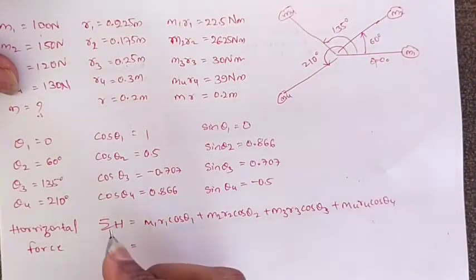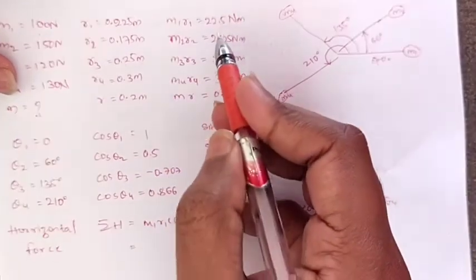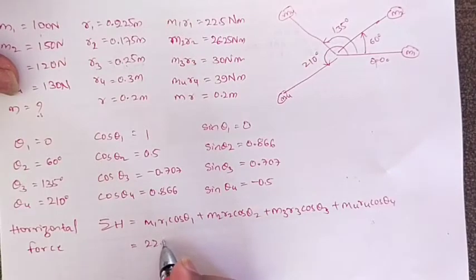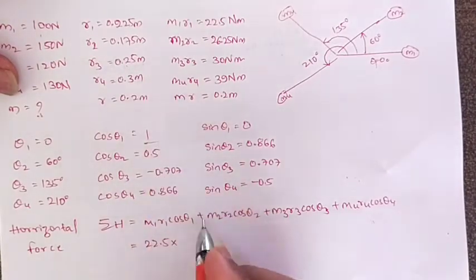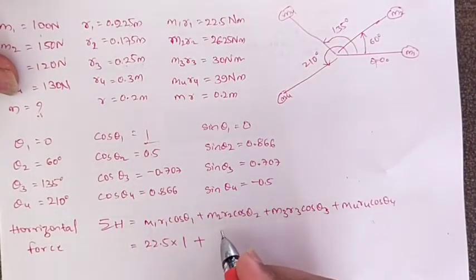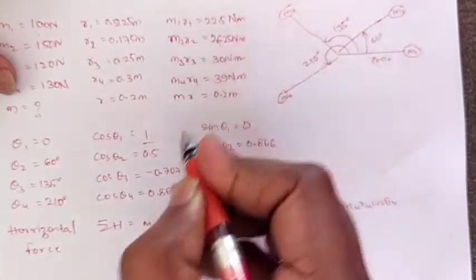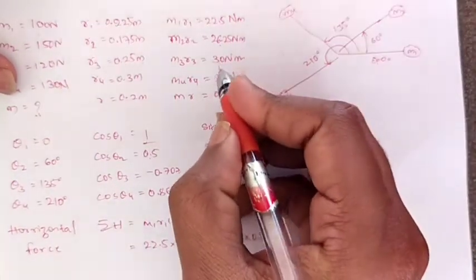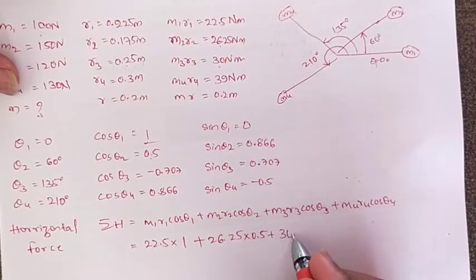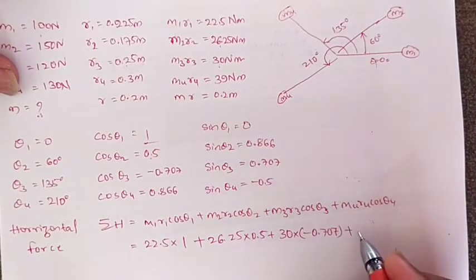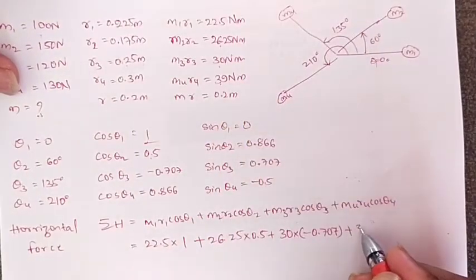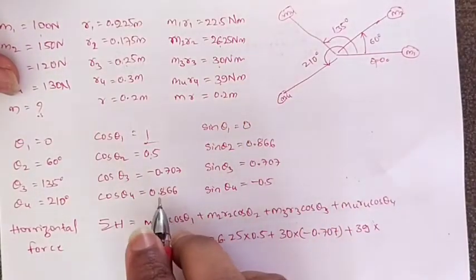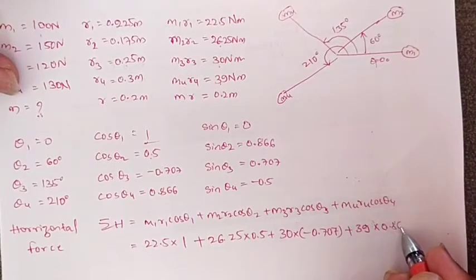So now, m1 r1 we already found out is 22.5 into cos theta 1, which is 1, plus m2 r2 is 26.25 into 0.5, plus m3 r3 is 30 into minus 0.707, plus m4 r4 is 39 into cos theta 4, which is 0.866.